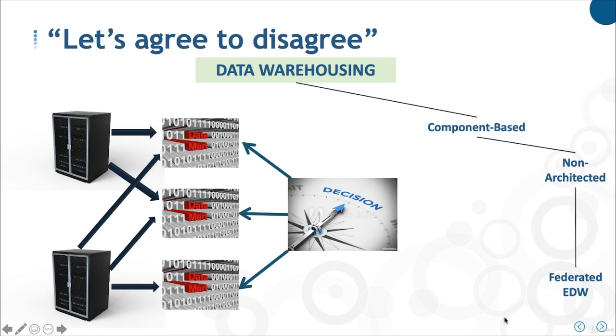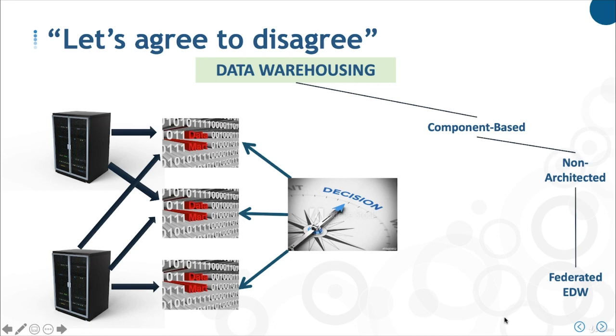So this takes us to our final option, which we sometimes will call a federated data warehouse or a federated collection of data marts. In this approach, we essentially agree to disagree about the business rules, the data models and structures, and pretty much everything that would be required to build either a centralized data warehouse or that data warehouse bus approach.